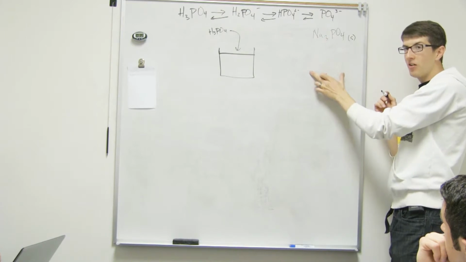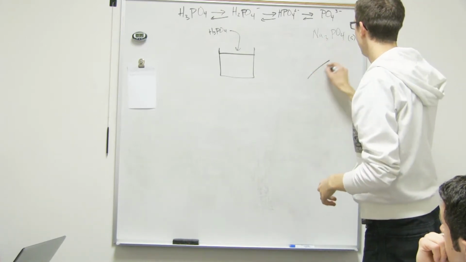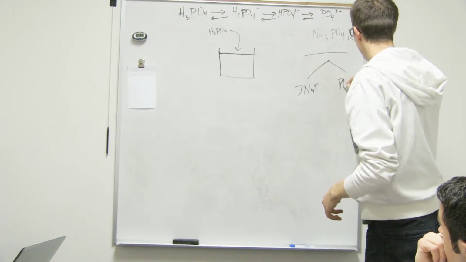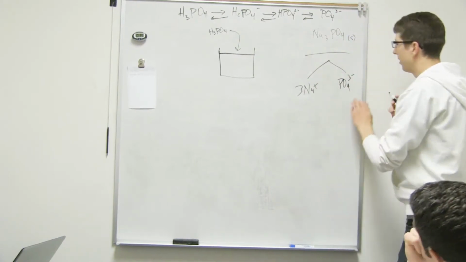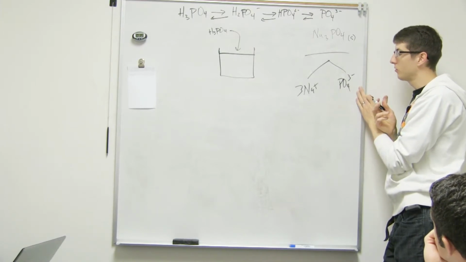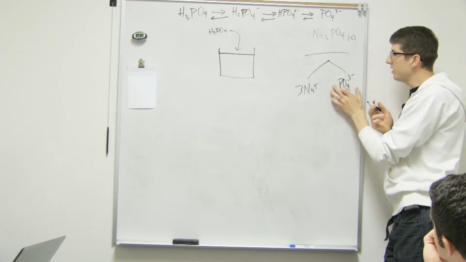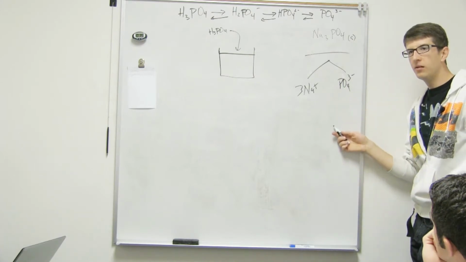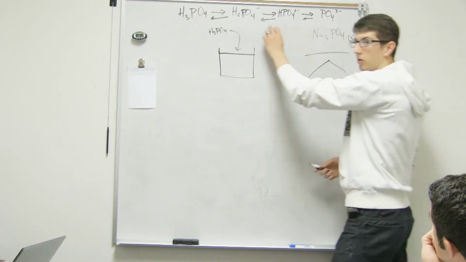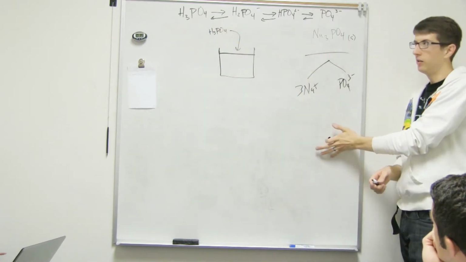You stick it in water, then it dissociates to become this, right? And then we have this. But this guy, and I don't necessarily know how strong he is in terms of a base, will then start reacting to become HPO4 2 minus, and then H2. It'll go the other way, right? It'll start reacting with water.